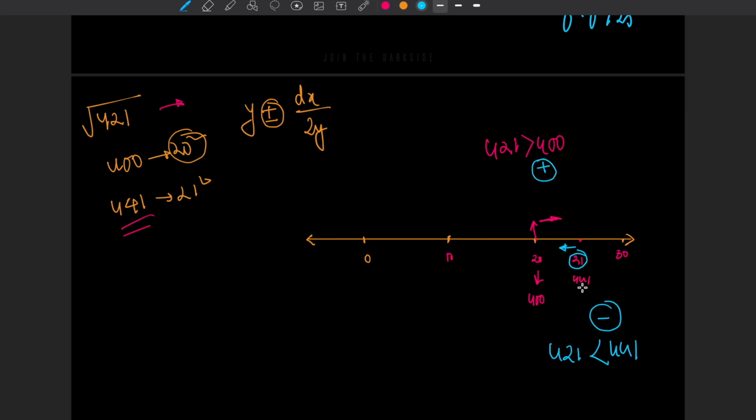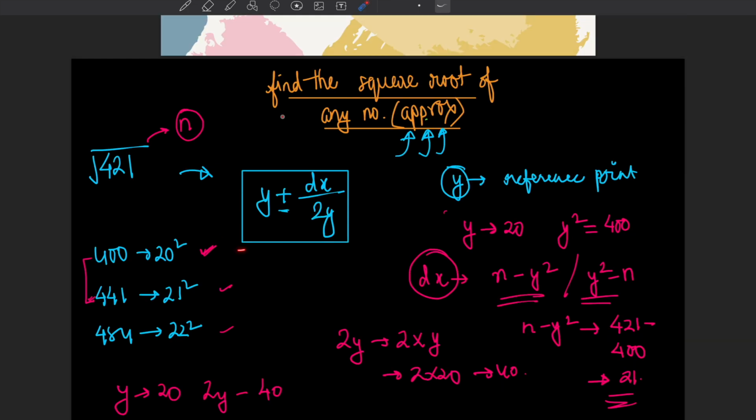Whenever we are adding, we'll add. Whenever we are subtracting, we'll subtract. That's why I said if we are taking a reference point whose square is greater than the number, then we will subtract. And if we're taking a reference point whose square is less than the number itself, then we will add. Now I think I have made myself very clear, because the number line was really helpful.